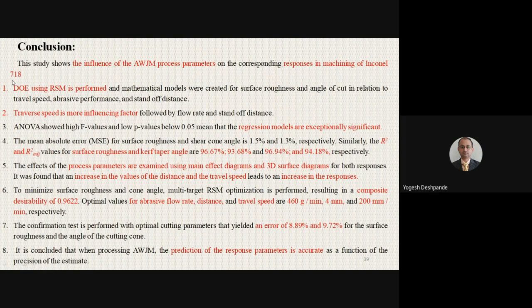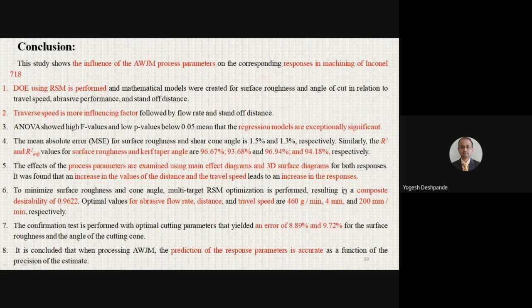So these are the main conclusions drawn. It is reported that travel speed is the most influencing factor, followed by flow rate and standoff distance. Models with more than 95% value showed a good relationship among the estimated and experimental data.